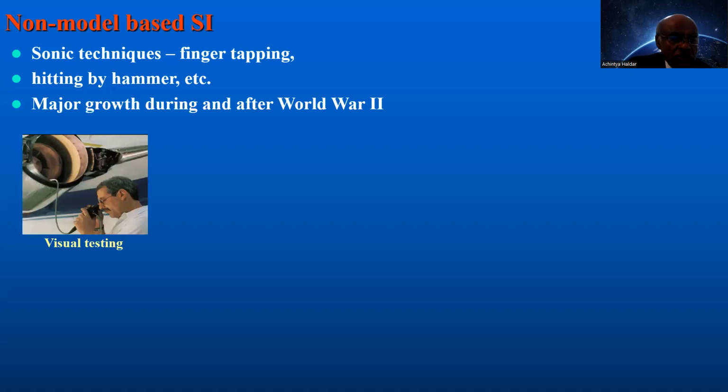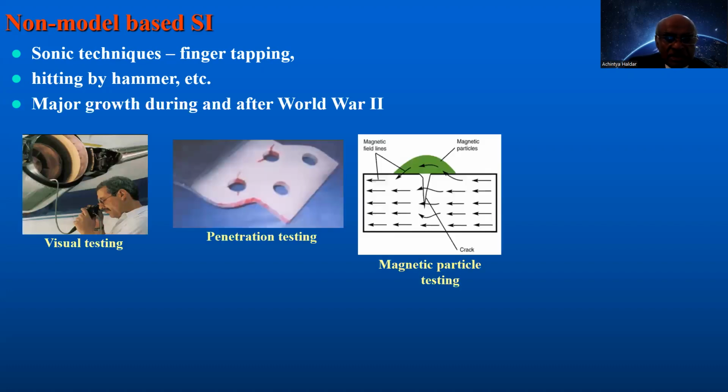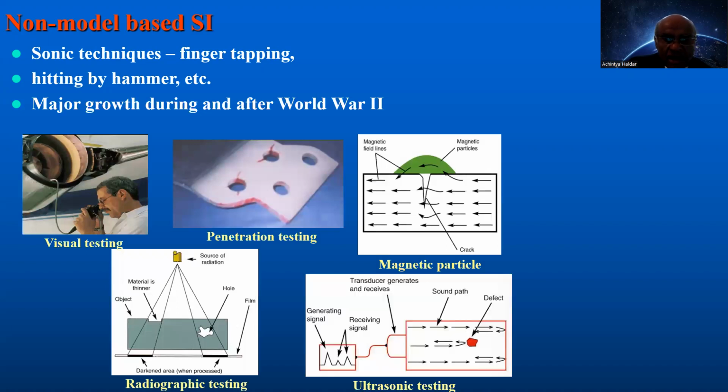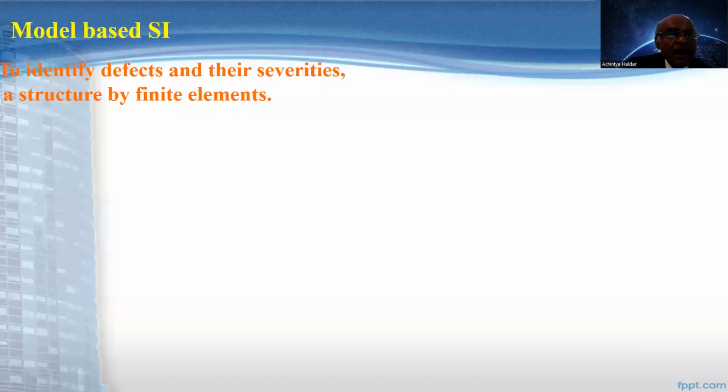Even now, people use a hammer after a big snowfall to tap the rails, to see if they are damaged or not. The major growth of non-model based techniques was developed after World War II. It could be visual testing, penetration testing, magnetic particle testing, radiographic testing, ultrasonic testing. I don't have time to talk about them.